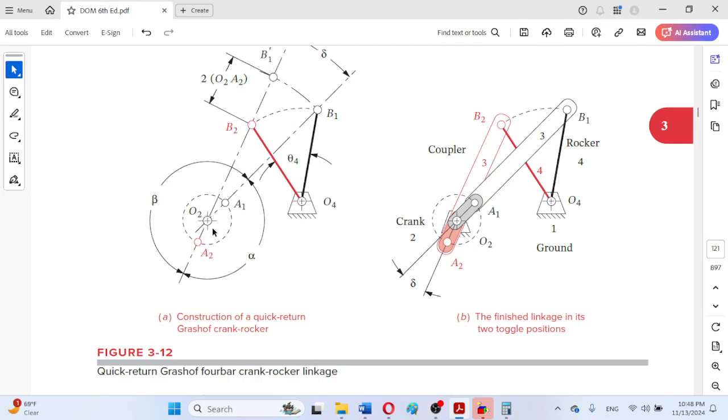So in this way the distance from O2 to B2 will be equal to b minus a. So the distance, because A2 to B2 is actually the length of the connecting rod, and from O2 to A2 is actually the length of the crank.